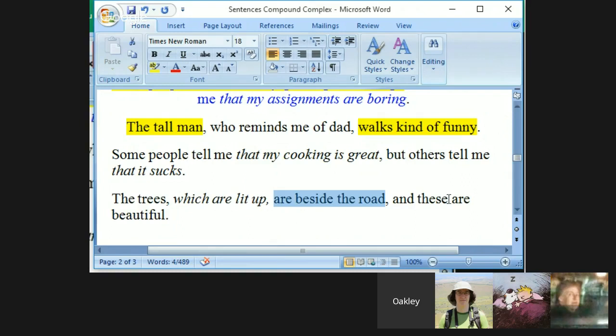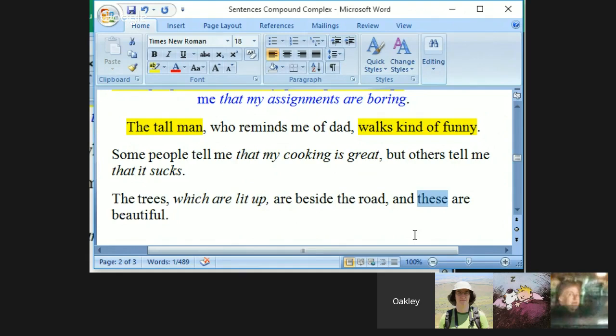I have one problem with these. Of course, we use these as a demonstrative to talk about these, those, this, and that.